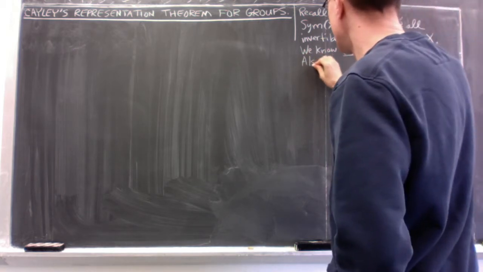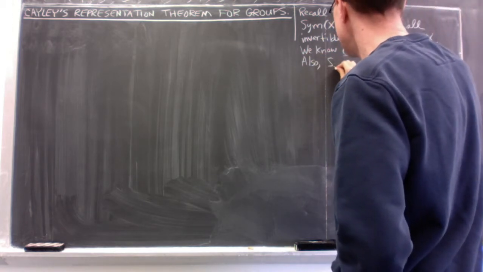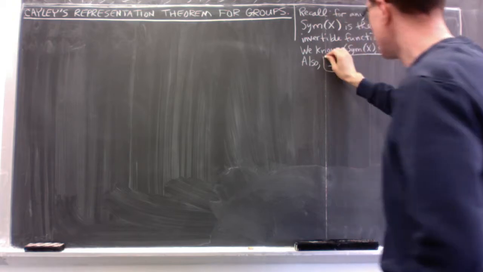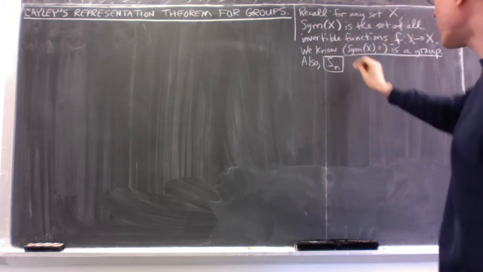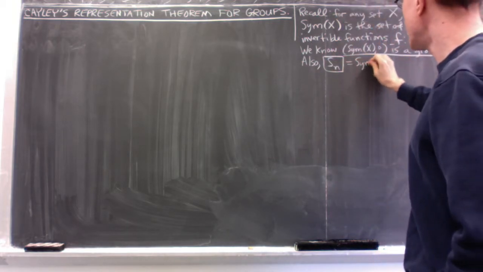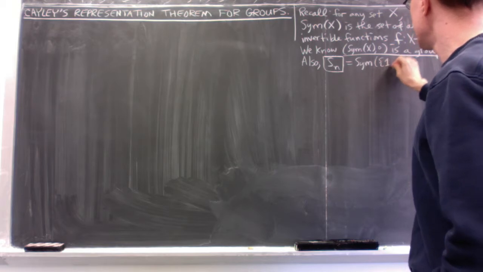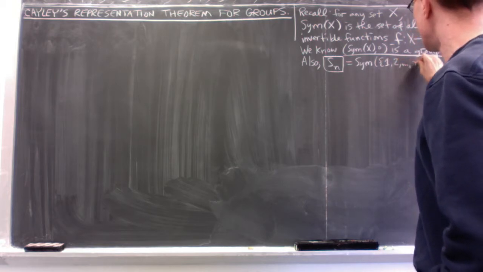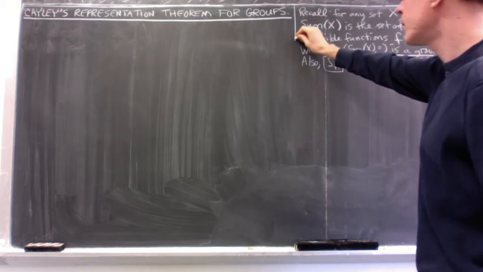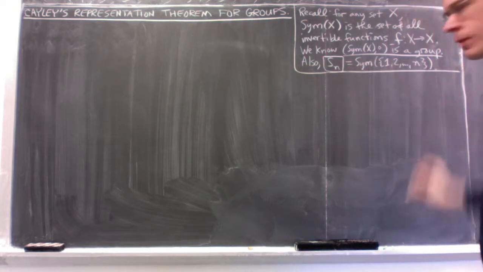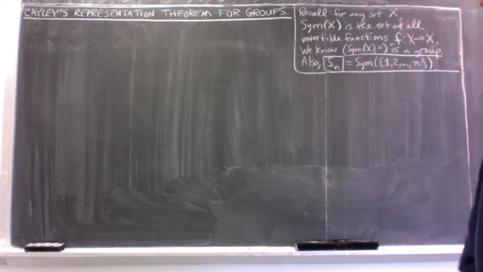One other thing to remind you, Sn was our abbreviation for the symmetric group on the particular set 1 through n, which is the one we looked at the most. That was a non-commutative group for most n, anyway, of size n factorial.